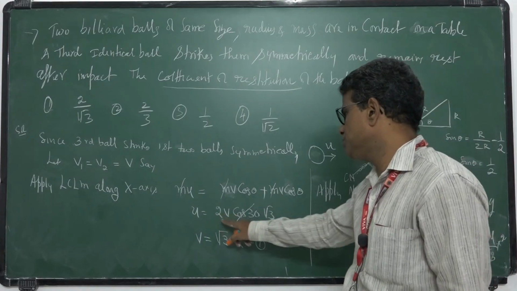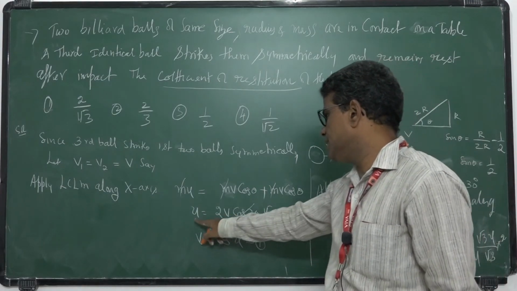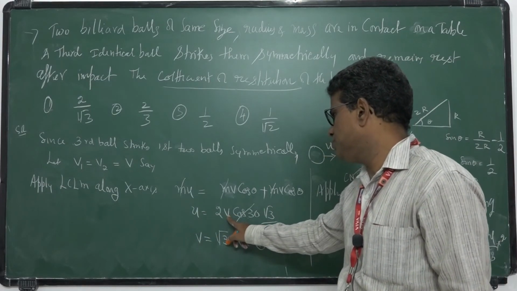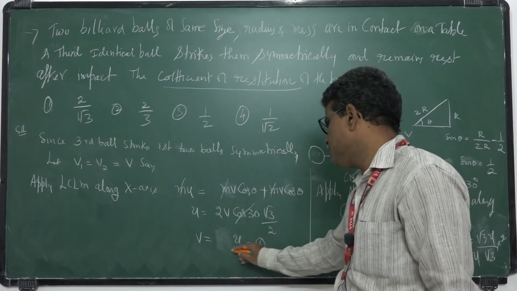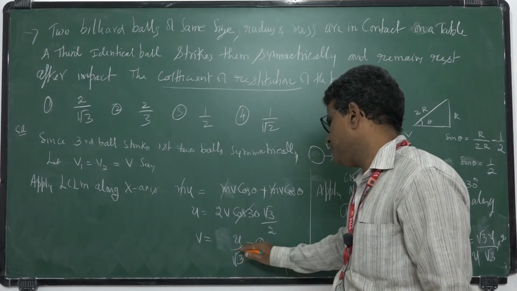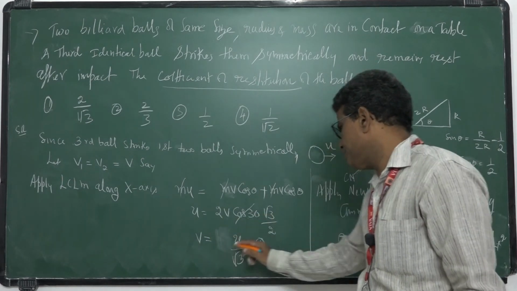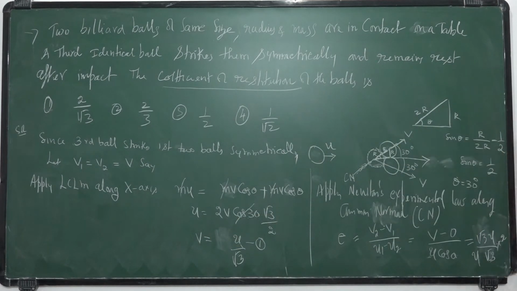So this 2 gets cancelled. You will get v is equal to u by root 3. That is the mistake we made here. Okay. So u by root 3. So instead of v I am writing u by root 3.